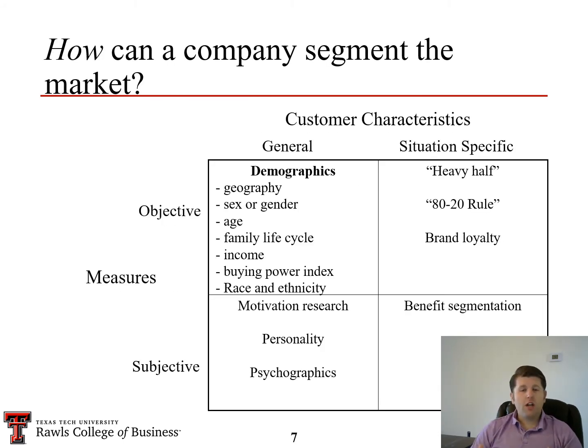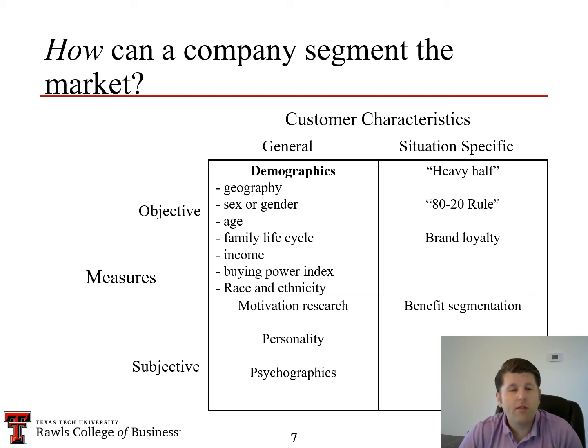We can also talk about specific ways a company can segment the market. We have ways that we can measure the segmentation, and then there's also different ways where we can talk about customer characteristics, whether they're general or specific.